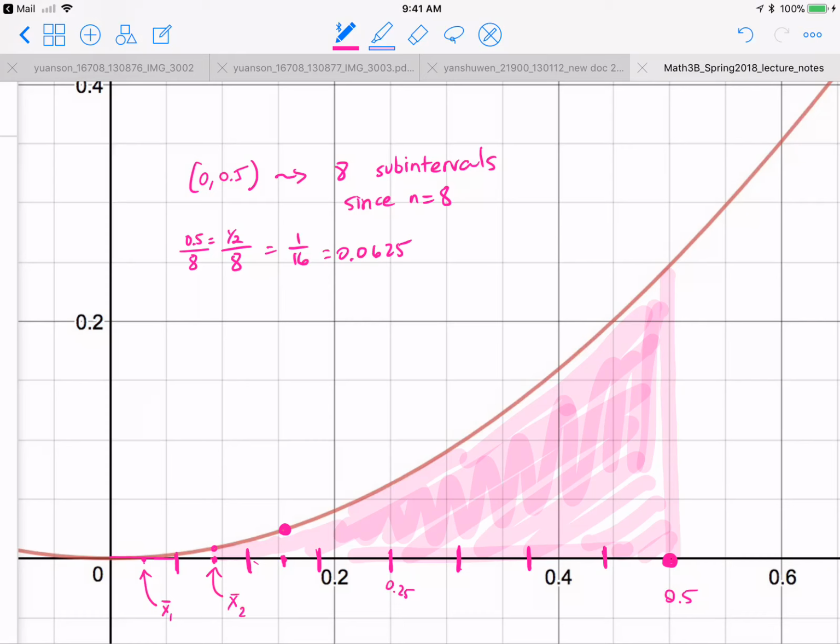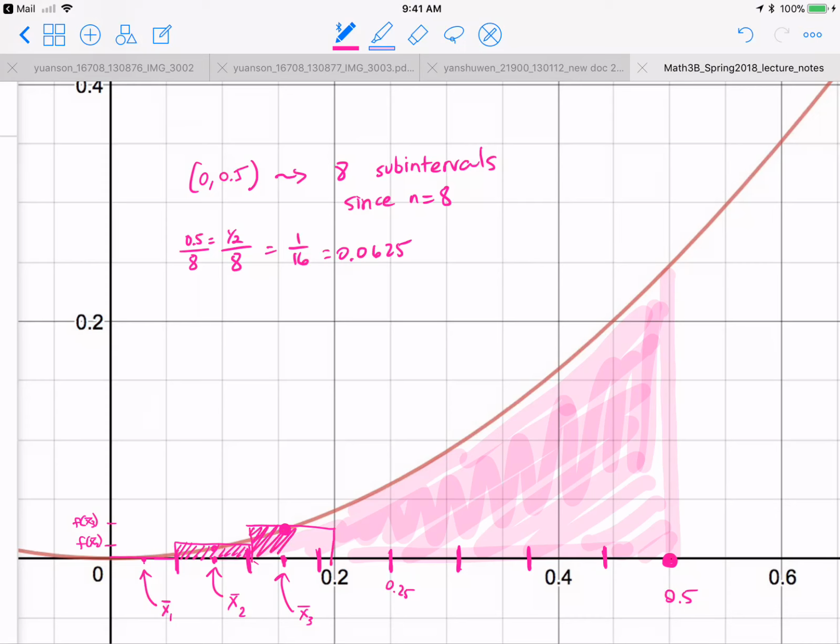So f of x2 bar is over here, right? And we're adding this height to our approximation. And then this is x3 bar. It looks like here's f of x3 bar.